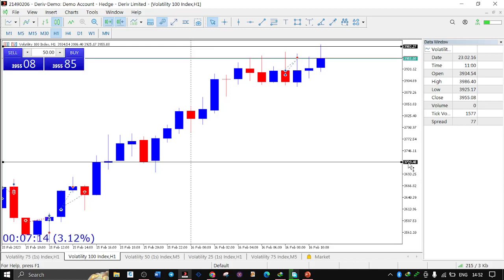Can you see it fully? The upper one is 39. I'm giving them to you, and we are doing it together.